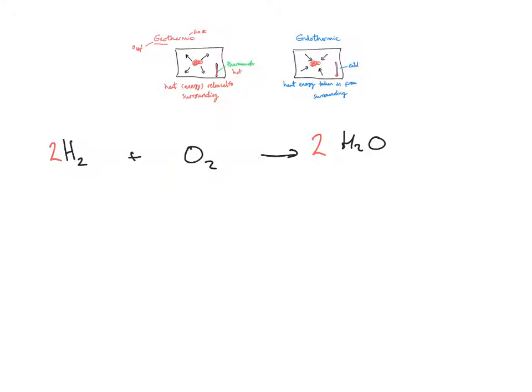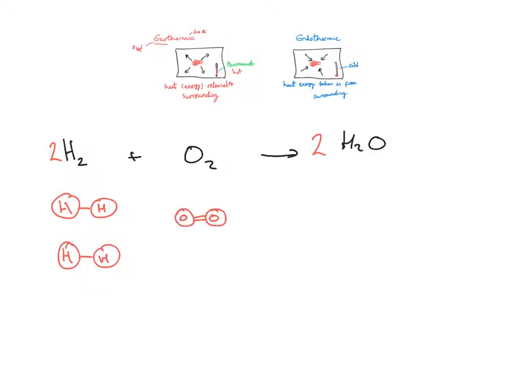Now, whenever we're trying to work out if it's an exothermic or endothermic reaction, we look at two parts. We look at the bonds breaking in the reaction and the bonds forming in the reaction. So I'm going to draw out what we have here. We have H2, but we've got two molecules of them. We have one molecule of oxygen.